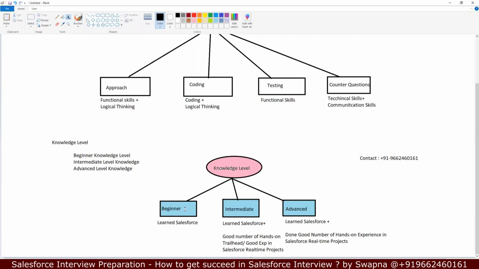So beginner is just learning Salesforce. If I give a business requirement, they cannot link it to functional or technical skills. Coming to the intermediate, they have hands-on experience.